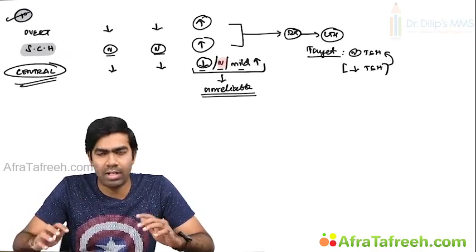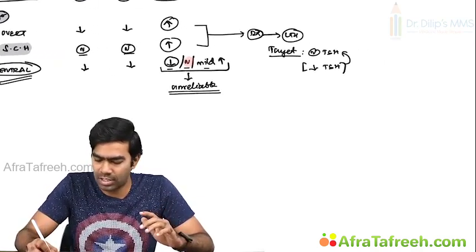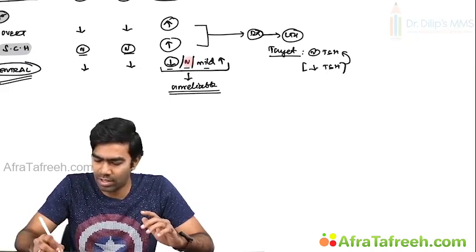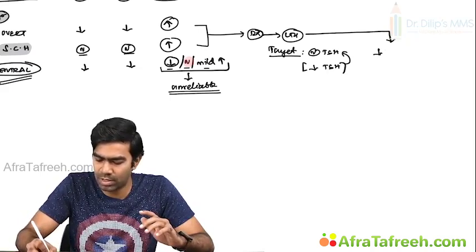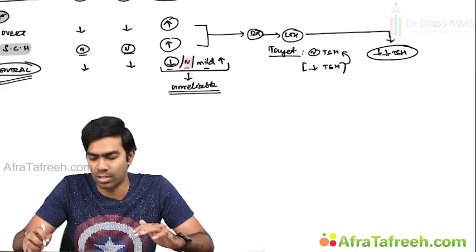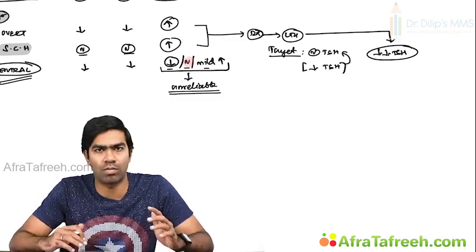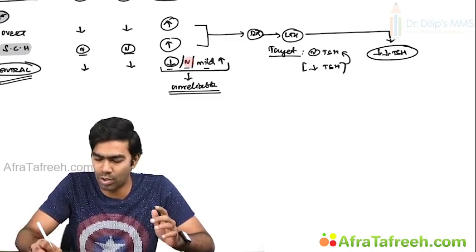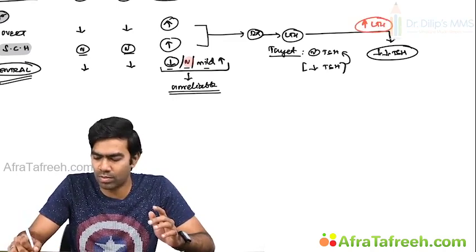Suppose the TSH becomes very low after giving levothyroxine. The decline in the TSH is too much, it went below the cutoff. So in this condition, you know that you are giving a higher dose of levothyroxine.